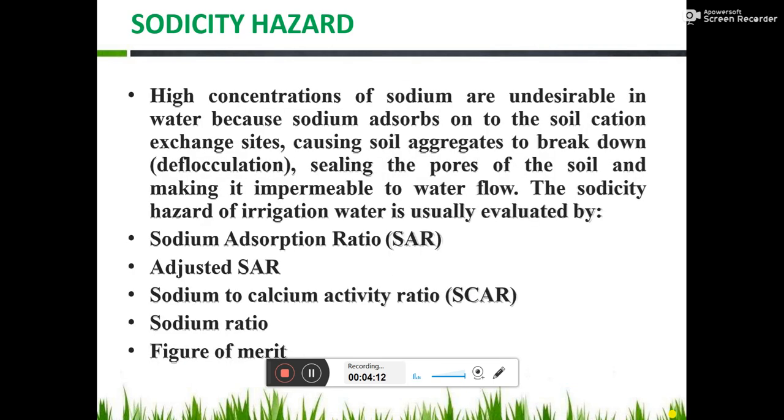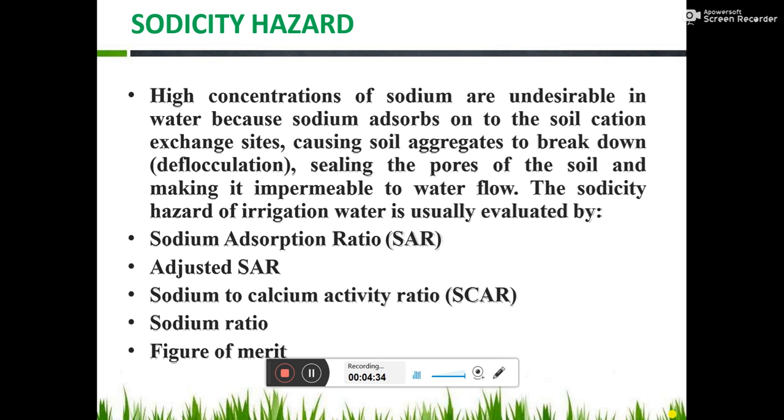Now the sodicity hazard. High concentration of sodium is undesirable in water because sodium adsorbs onto the soil cation exchange sites, causing soil aggregates to break down, which we call deflocculation. Remember, sodium is called a dispersing agent, or a deflocculating agent.